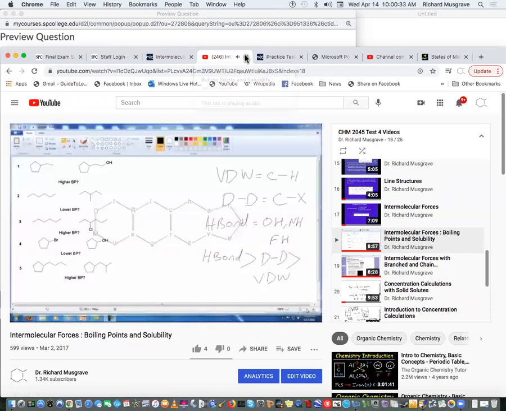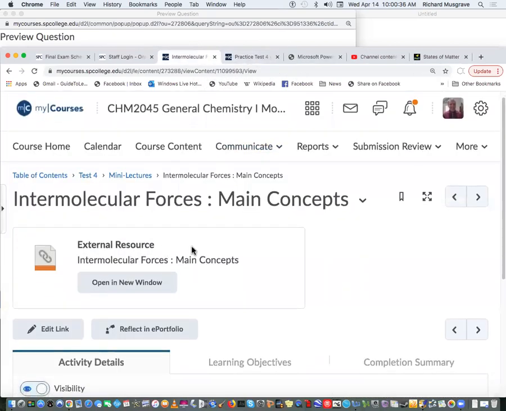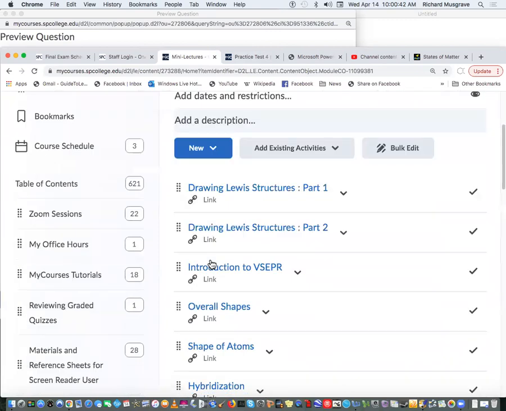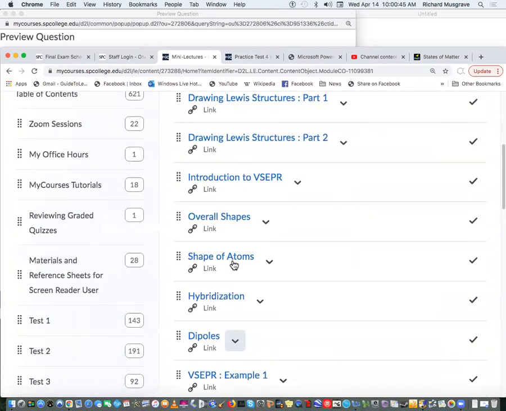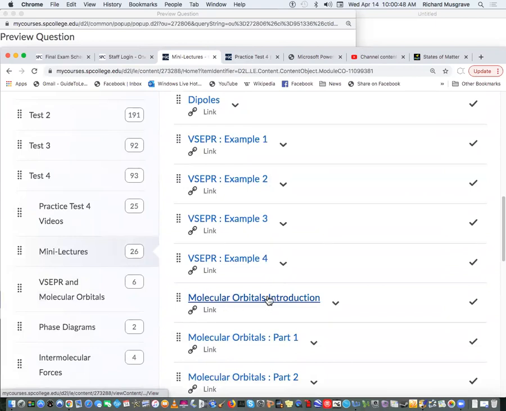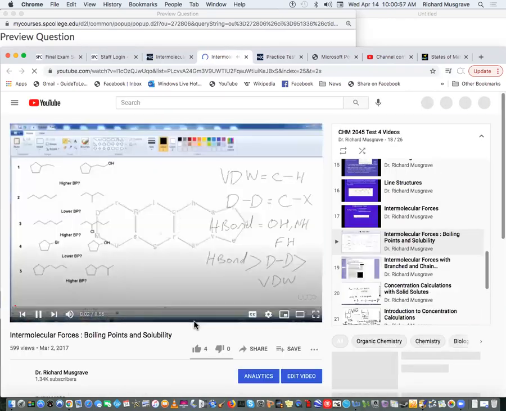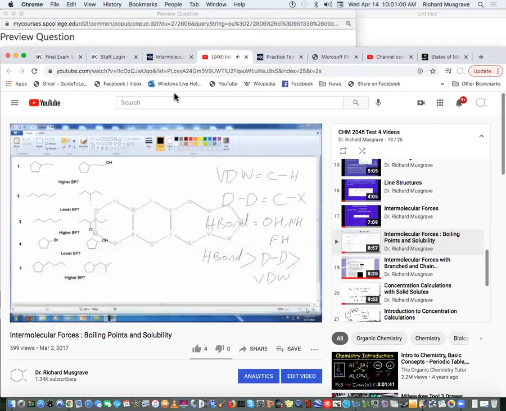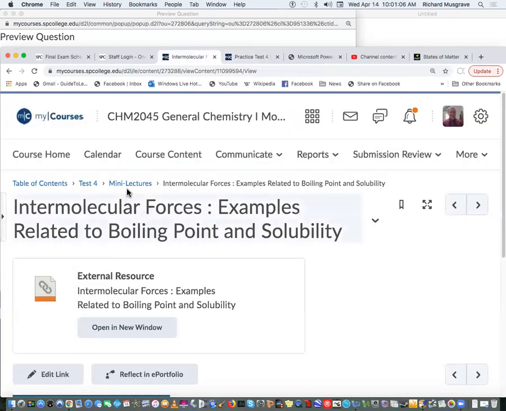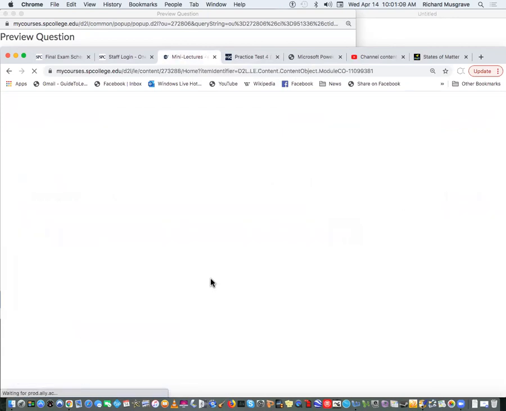No, that is not the right one. I wonder if I got the two mixed up. That would be annoying if that's happened. Let me go back to my discussion about intermolecular forces, and what this will do is give some examples. No, let me go back to the other one then. It does seem to be different.